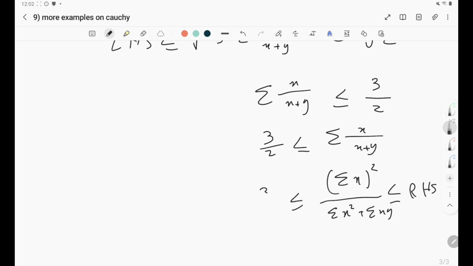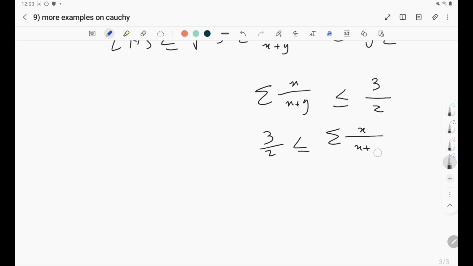So now if we can do this, then we will be done. However, the problem is when you multiply 2 by this, you're going to get 2 sigma x squared. When you multiply this, you're going to get 3 sigma x squared. So that means you're going to have sigma x squared on the lower hand side, which is very bad. So again, this thing unfortunately did not work, although we really have very nice stuff.